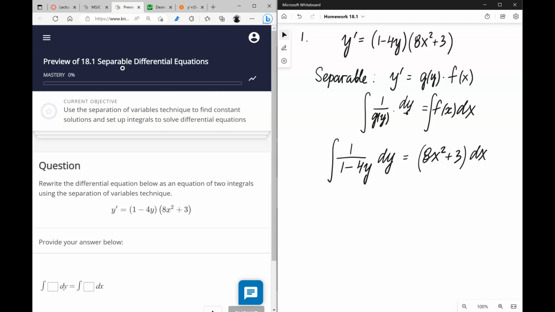Now we proceed with applying the integrals to both sides of this equation. So now we are ready to provide the answer to this particular question, which wasn't to solve the equation but to just set it up.